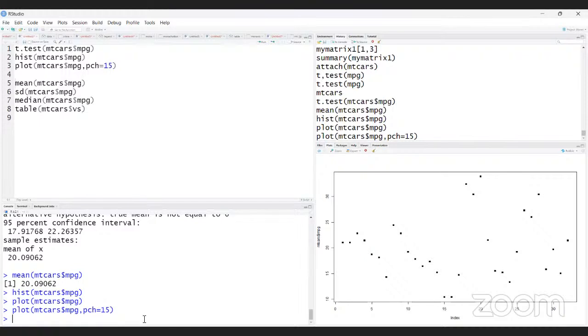Now there is the two sample t-test. Now instead of repeatedly writing mtcars, I can write attach, bracket mtcars.